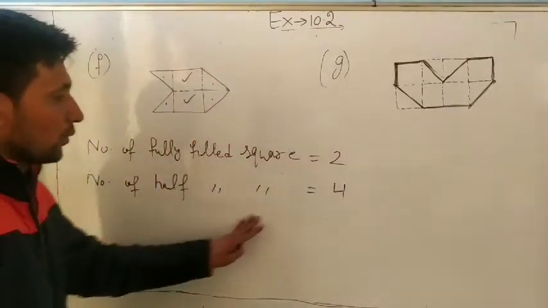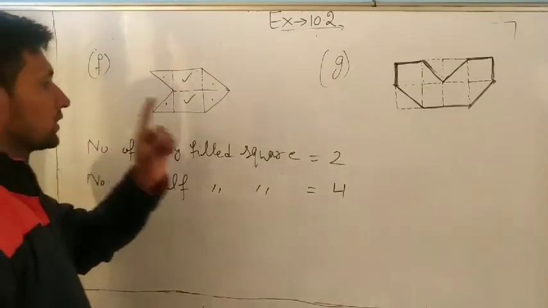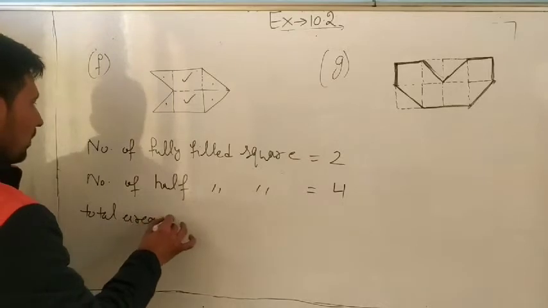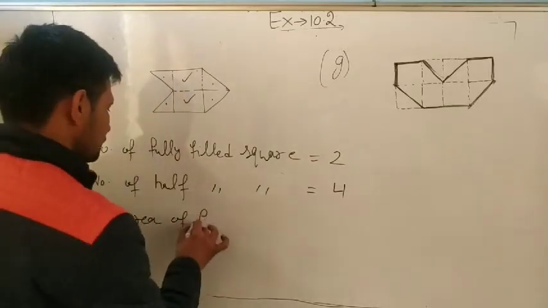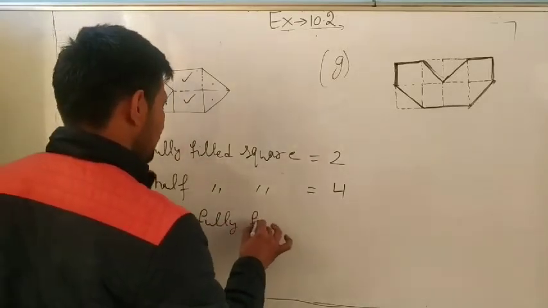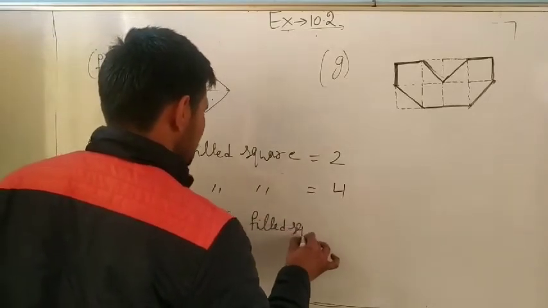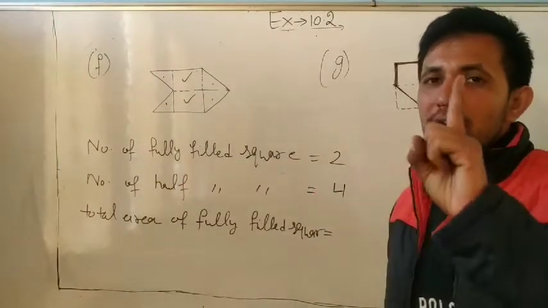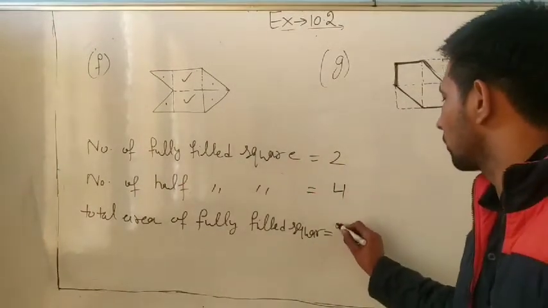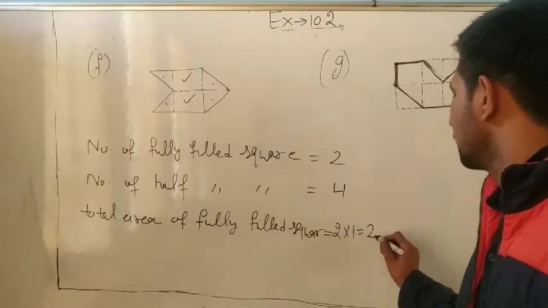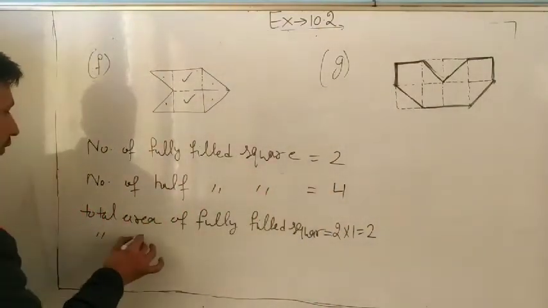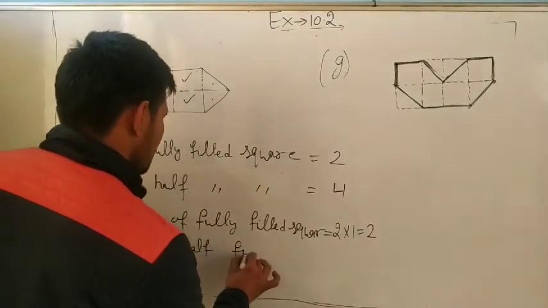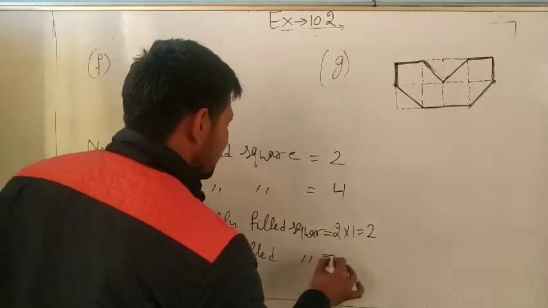So first we will find the total area of fully filled squares. Everyone knows the area of one fully filled square is 1, and how many in total? 2. So 2 into 1 is total 2. Same as it is, the total area of half filled squares.